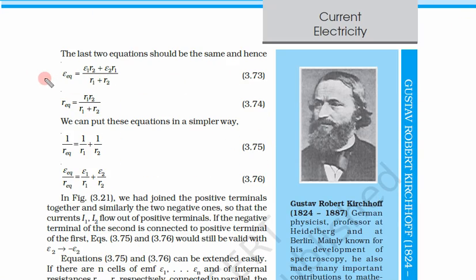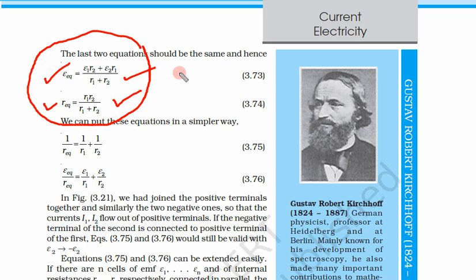Epsilon equivalent is (epsilon 1 R2 plus epsilon 2 R1) divided by (R1 plus R2), where R1 and R2 are the internal resistances of the cells, and R equivalent is R1 R2 upon (R1 plus R2). So this we get after comparing the equation with the standard equation for a single cell.